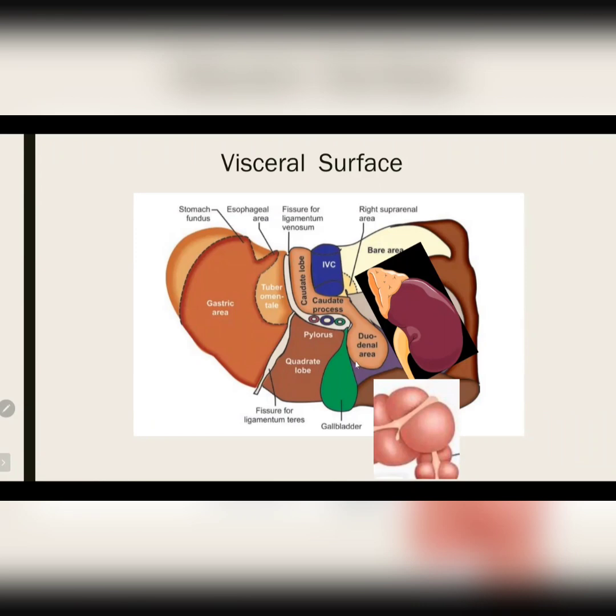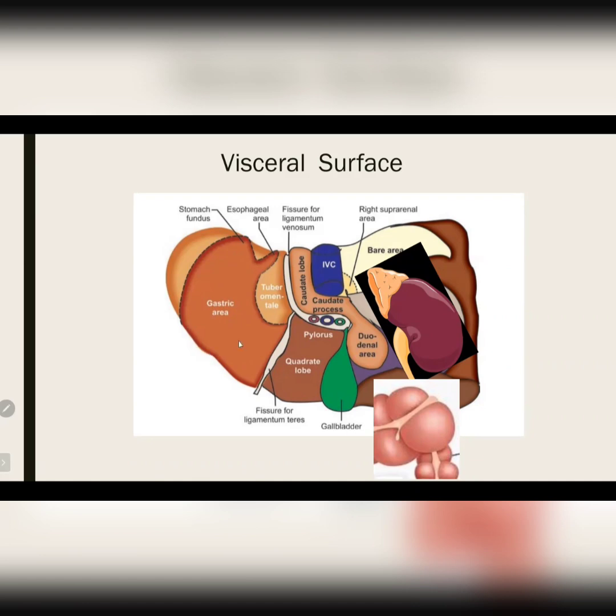On the anterior surface of the liver, we learned that the falciform ligament divides the liver into right and left lobes. That is on the anterior surface. Whereas when we come to the posterior view, the ligamentum teres and ligamentum venosum will divide the liver into right and left lobes.